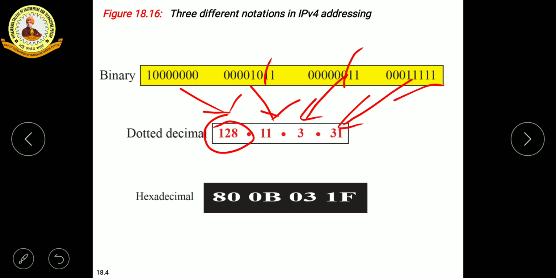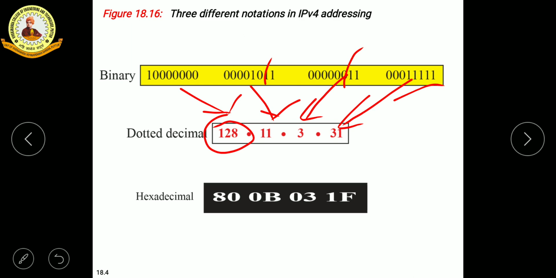This means that a 32-bit address has 8 hexadecimal digits, as shown in the figure. This notation is often used in network programming, not in our day-to-day life, right? So this figure shows you the IP address in the 3 notations that we have discussed.